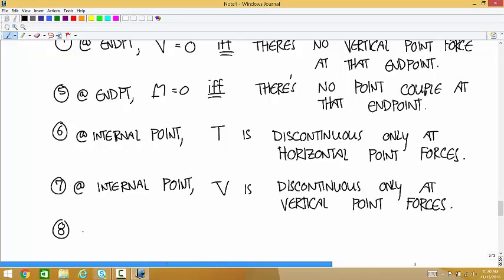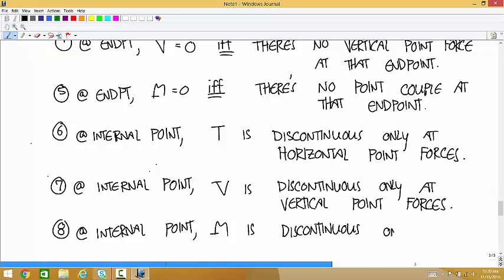And then 8, what's that going to be? At internal points, M is discontinuous only at what? Point couples, yep. Such good quiz questions. Yes, you're right about that.